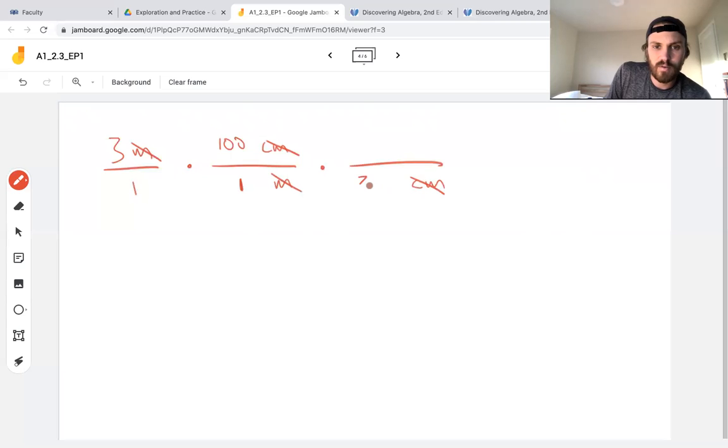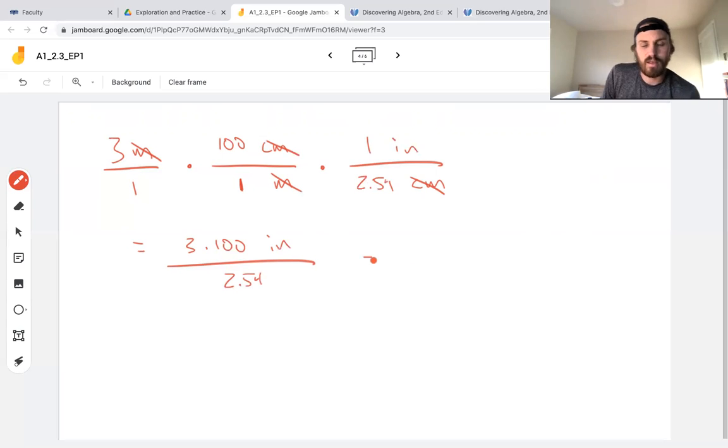I know that 2.54 centimeters is equal to 1 inch. So what I'm left with is 3 times 100 inches divided by 2.54. And so whatever I'm going to end up with there is going to be in inches. Okay, so before we finish this off, and I'm not really sure what that is because I don't have a calculator, but you could find that number.